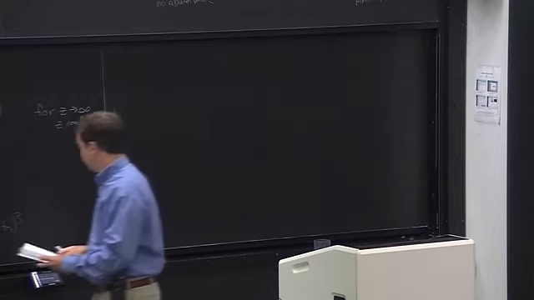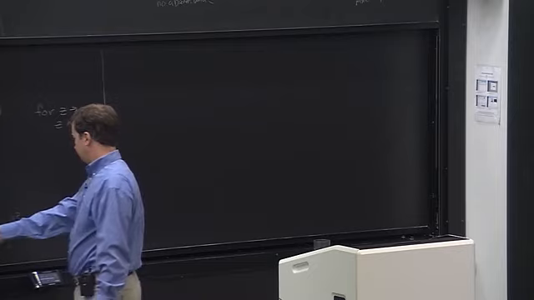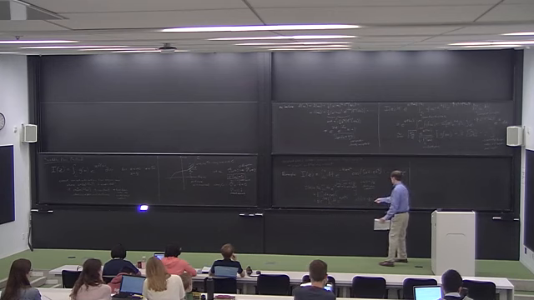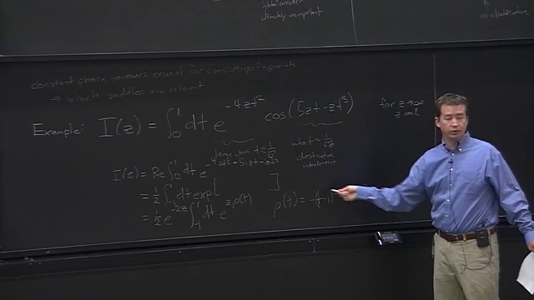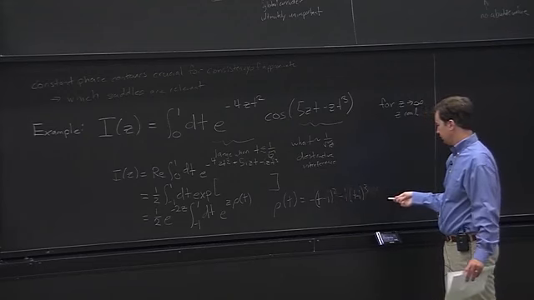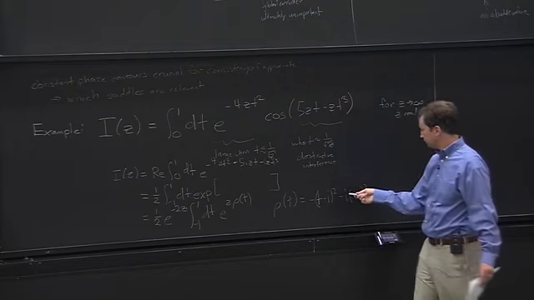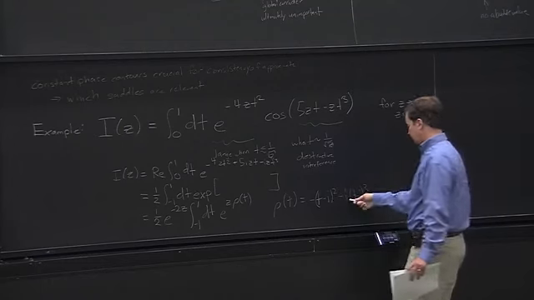Okay, so the reason I wrote the exponent in this form is it's easy to see at least where 1 out of the 2 saddles are.